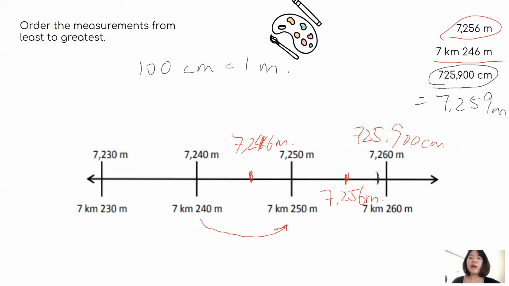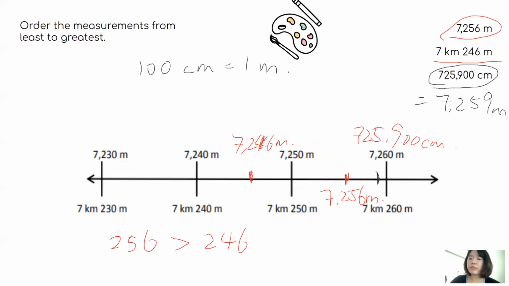Since all the measurements have 7 kilometers, I can compare meters. 256 is more than 246. Let me write that down right here. So we know 256 is more than 246, and 259 is more than 256.